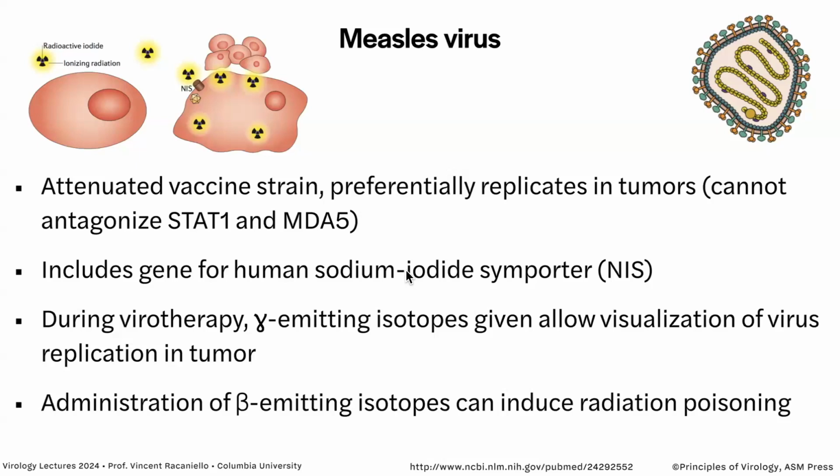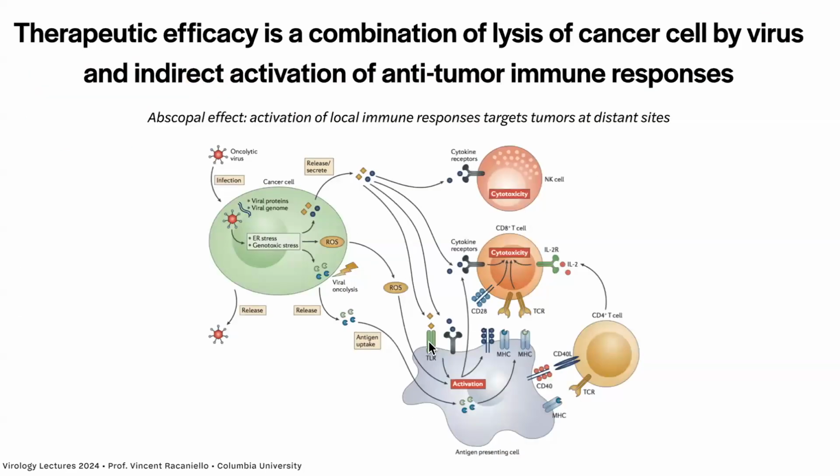And so during treatment with this virus, of a tumor, gamma-emitting isotopes are given to the patient, which will then get into these tumor cells via this symporter, so you can visualize virus replication in the tumor. And if you give beta-emitting isotopes, they will also get in via this symporter and induce radiation poisoning in the tumor. And this has been used to treat multiple myeloma and is in further trials.